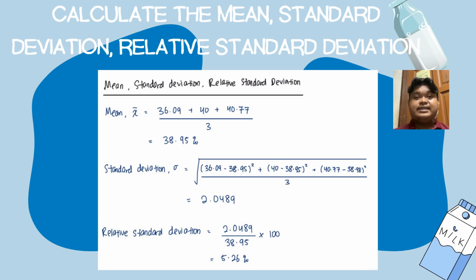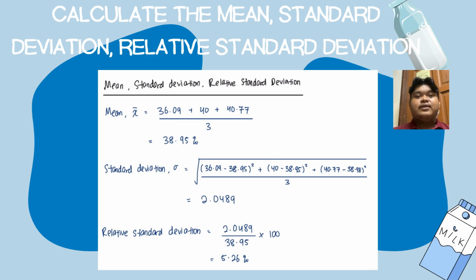For the standard deviation, the calculation goes as square root of (36.09 minus 38.95) squared plus (40 minus 38.95) squared plus (40.77 minus 38.95) squared, divided by 3. We would in turn get 2.0489 as our standard deviation.